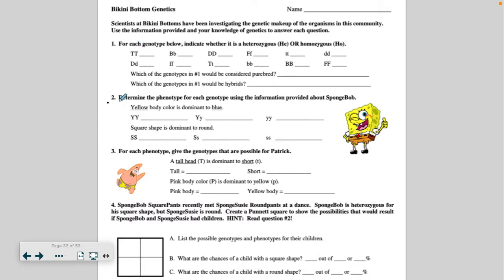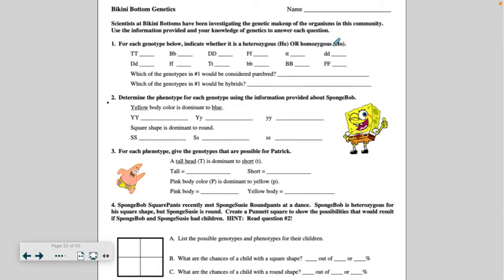For this first part, you are given the genotype. Remember, letters indicate the genotype, and we're supposed to tell whether it is heterozygous, He, or homozygous, Ho. If the letters are the same, either capital or lowercase, then that's homozygous.